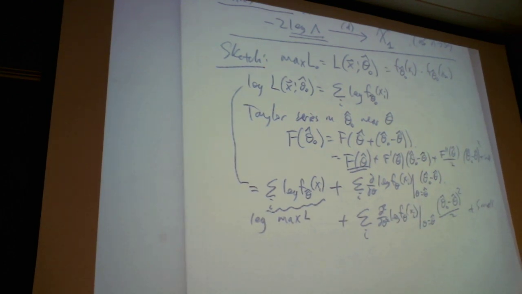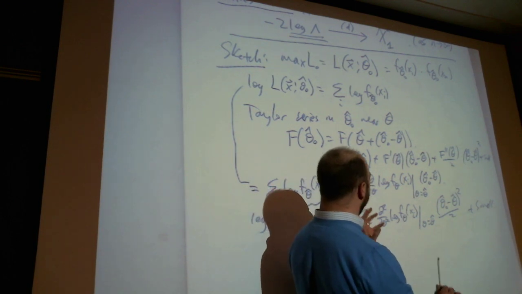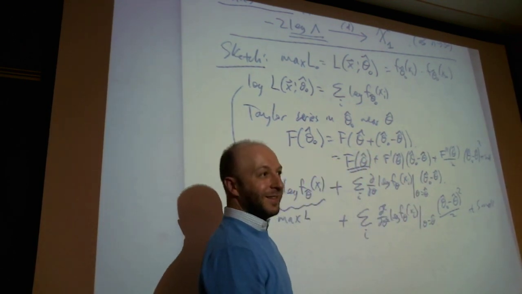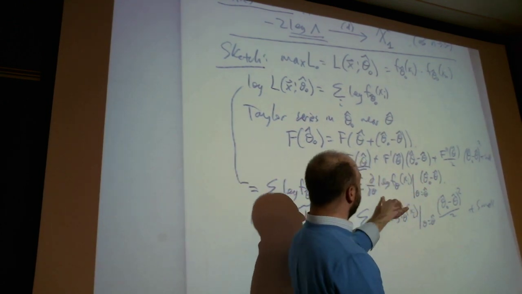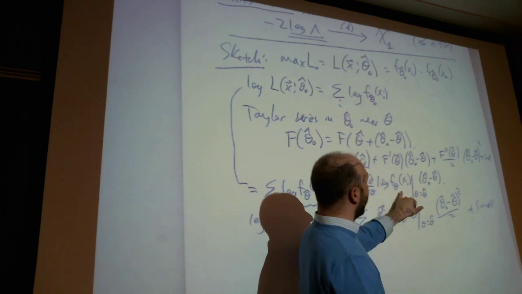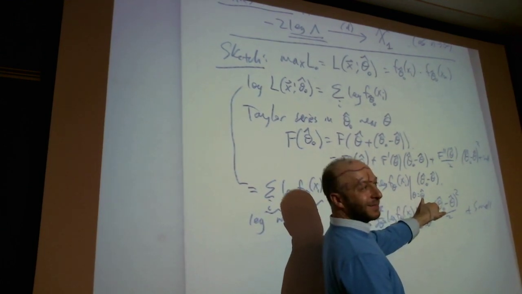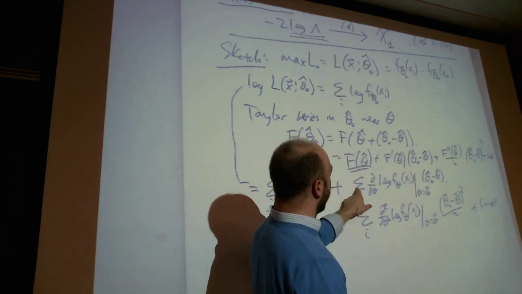Let's take a step back. Let me go for 2 more minutes on this, and then we come back to general stuff. The key idea I want you to see is happening right here. What's the derivative of log f theta at the MLE? If I have a sum, I can bring this sum inside.